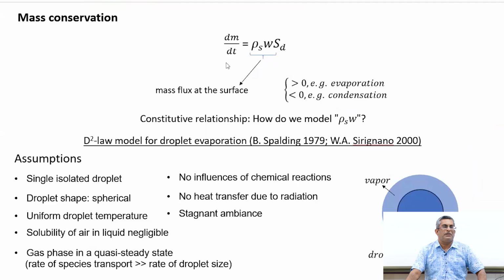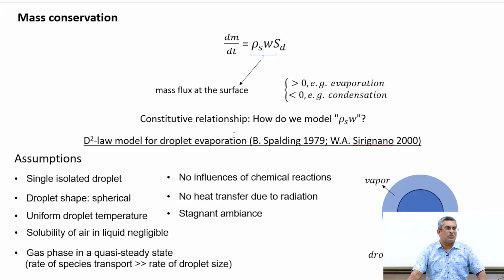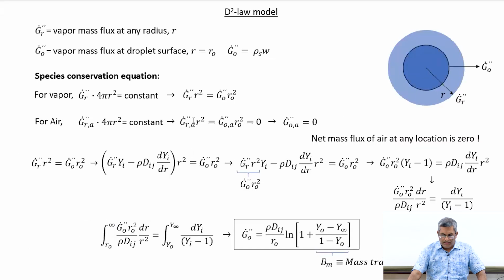So, in the previous class, we started our discussion on D-square law modeling for droplet evaporation. This model has been derived based on some set of assumptions. In this case, we solve the species conservation equation for the transport of the vapor.